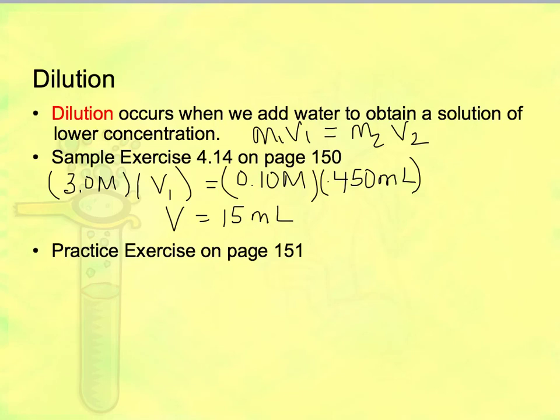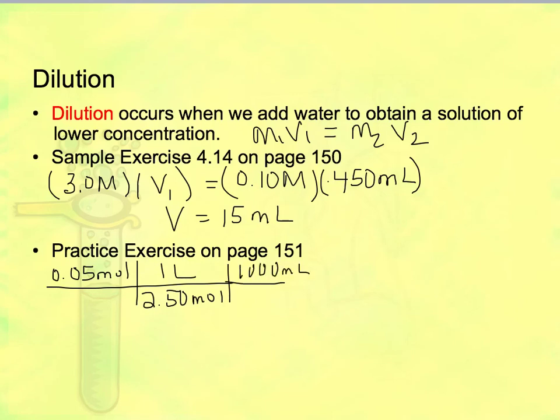So first we're going to convert the moles, 0.05 moles, to liters by dividing by the molarity, which is 2.5 moles per liter, which will give us liters, and we're going to convert that to milliliters, which gives us 20 milliliters.